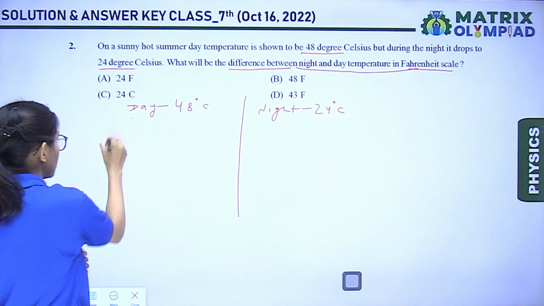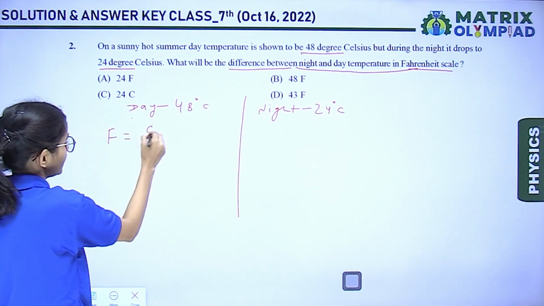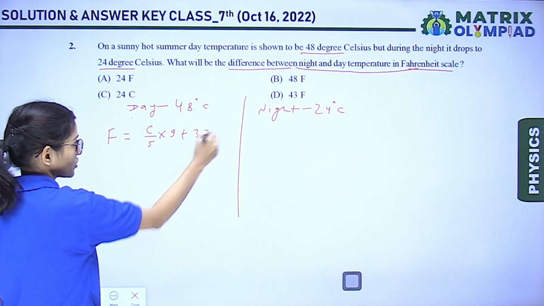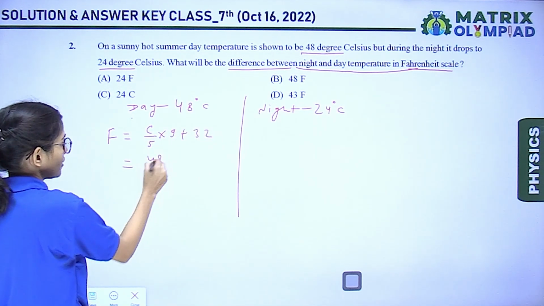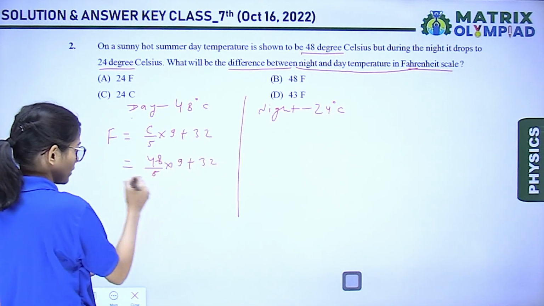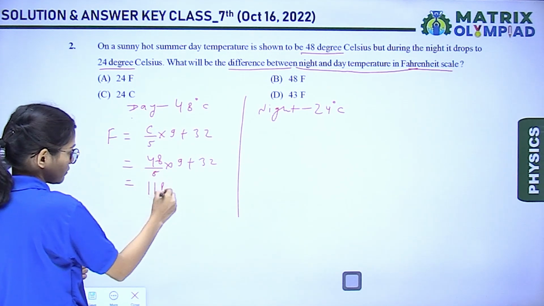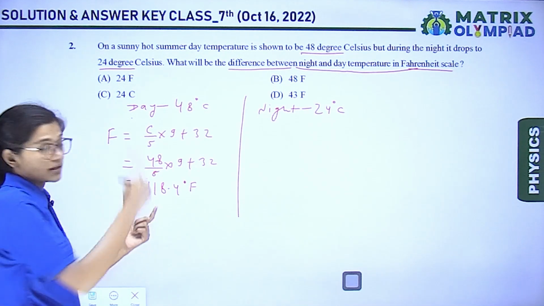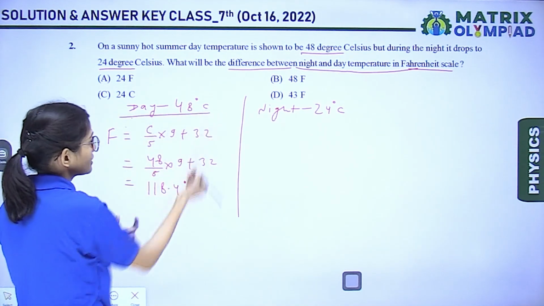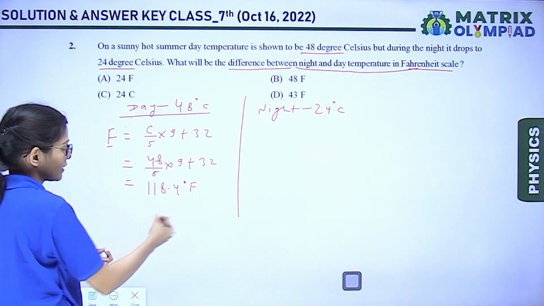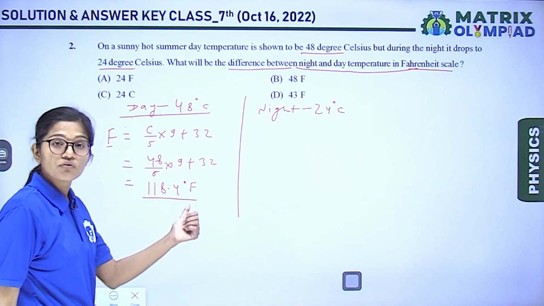So convert this value: F is equal to C upon 5 into 9 plus 32. Put the value: 48 upon 5 into 9 plus 32. If we solve this, we get 118.4 degrees Fahrenheit for the day temperature.